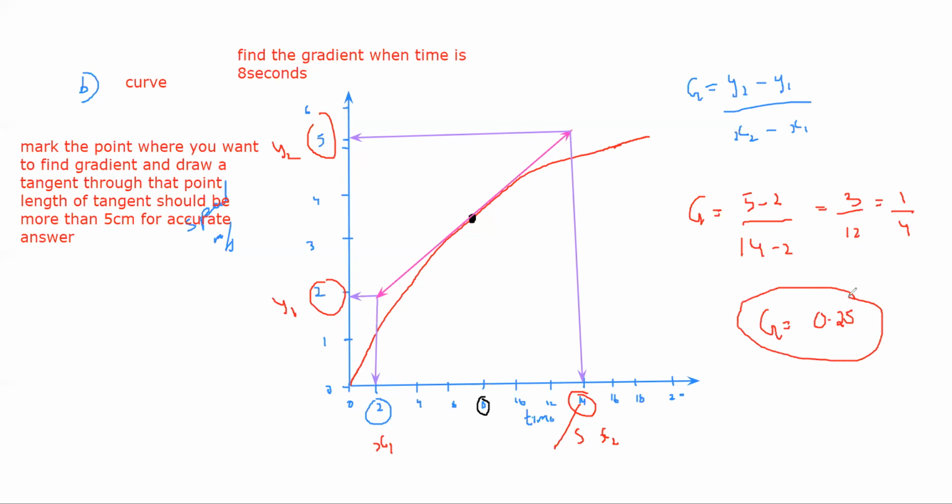So this is how we find the gradient from the curve. If a graph line is curved, they will specify a point, and from that point you will find the gradient.